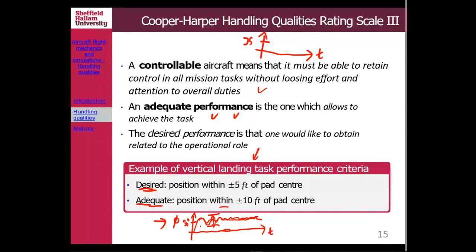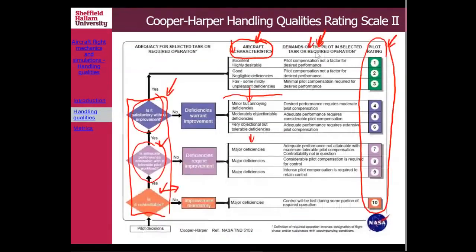You could see that maybe there is a condition where the pilot could maintain that 30 degrees nicely with an adequate performance, but when you see the joystick, he's doing it quite busy, doing it like that, which you could consider as the pilot needing an extra load. For example, if you go back to the Cooper Harper rating scale, when it says adequate performance, yes, it could maintain 30 degrees, then you go into that.